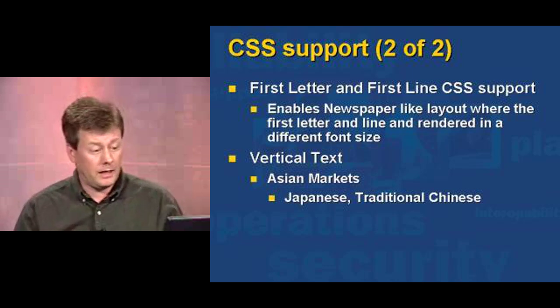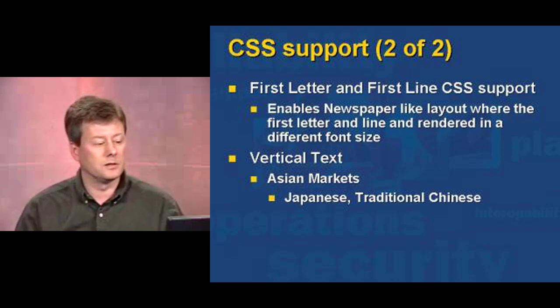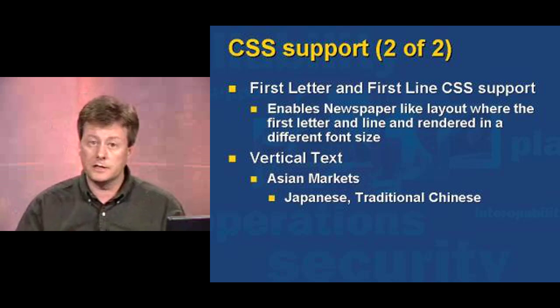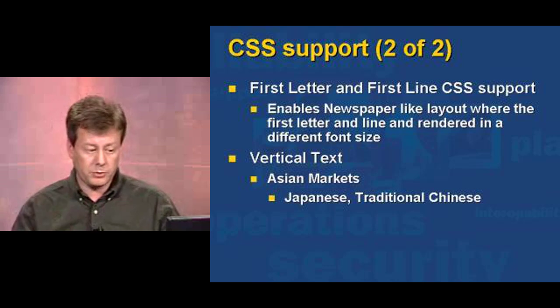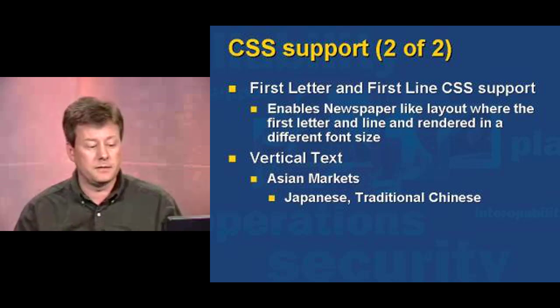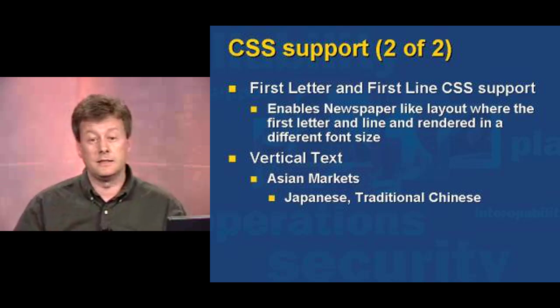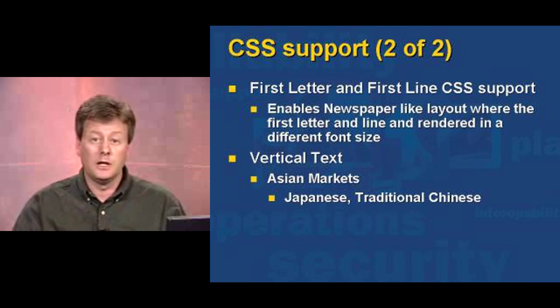And one of the, what I believe is most significant areas of support is this ability to do vertical text layout in Internet Explorer 5.5. This is particularly important for Japanese and traditional Chinese markets, where text is typically laid out in a vertical fashion.